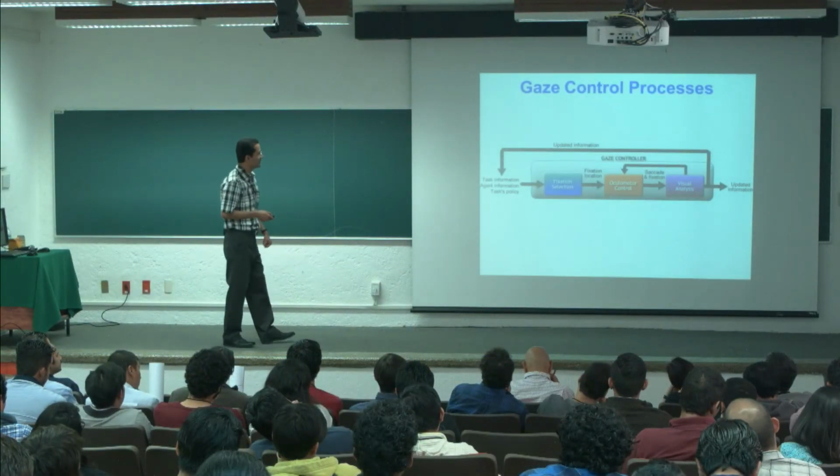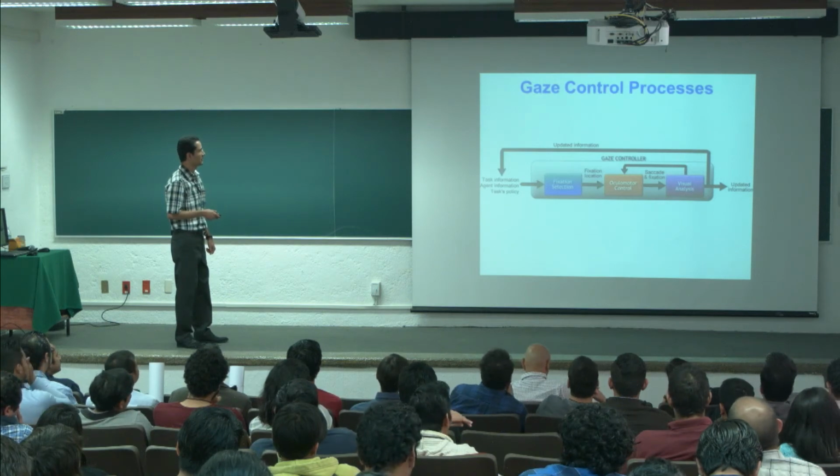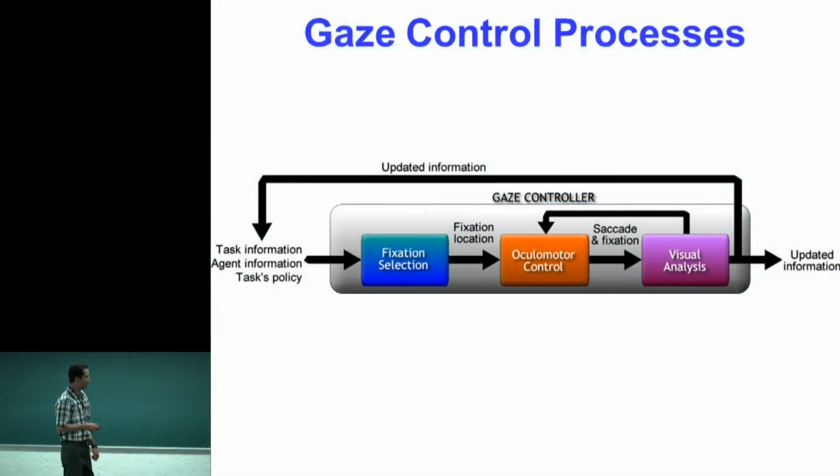So what we were proposing is something like this. We have different processes for gaze control. The input of our controller is the information about the task, information about the agent, or the robot in this case, and the task policy, and this is the input of the fixation selection process. This fixation selection selects the fixation point. Then we get the fixation location that we are going to see next.